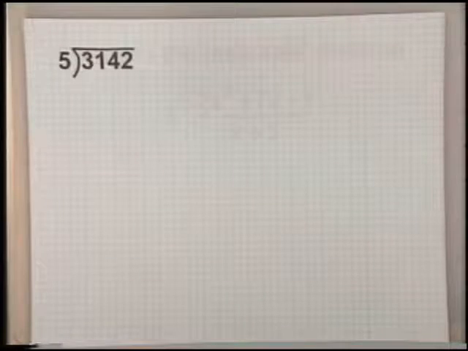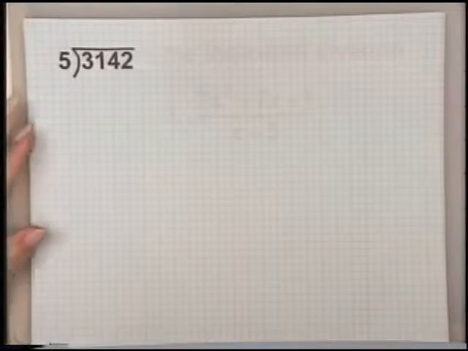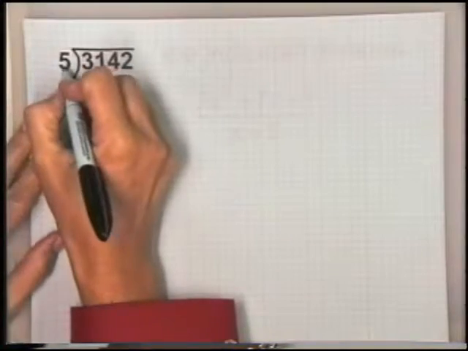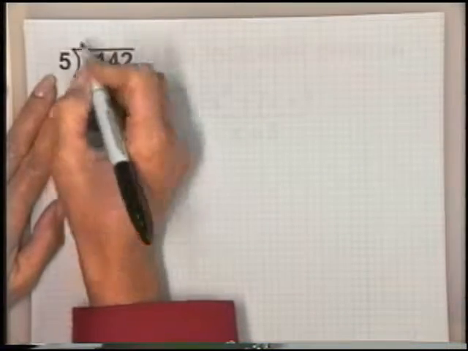So I'd like to review long division in an arithmetic problem. When I get ready to divide, I first take my divisor 5.